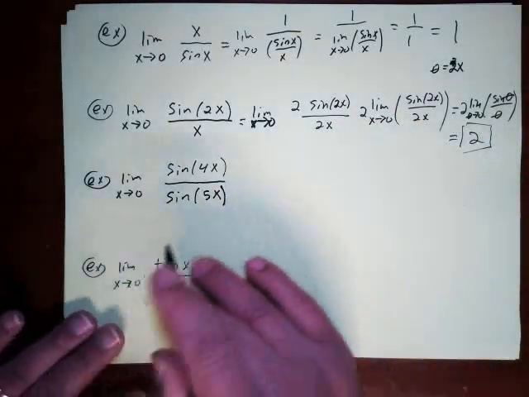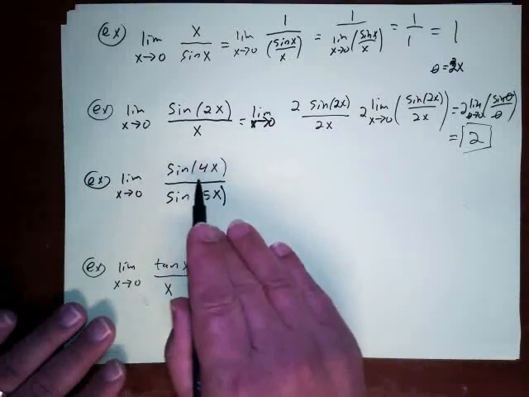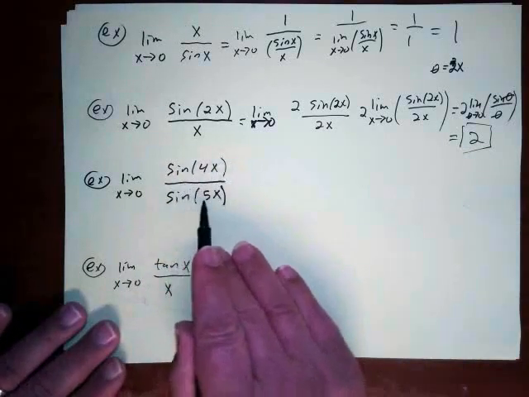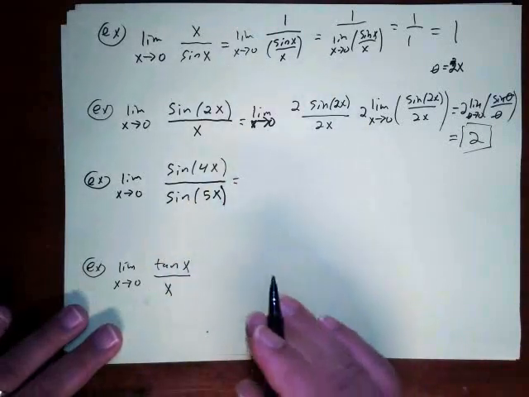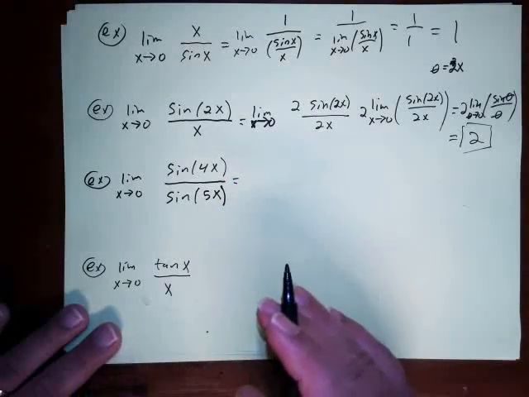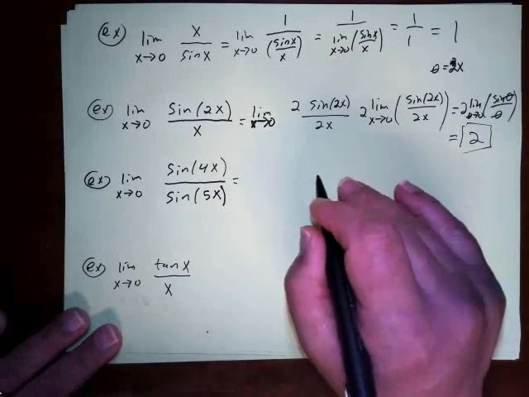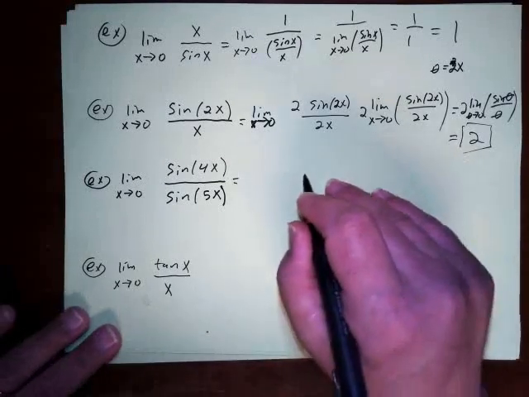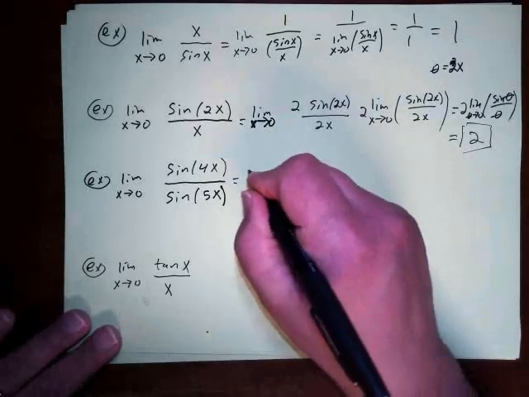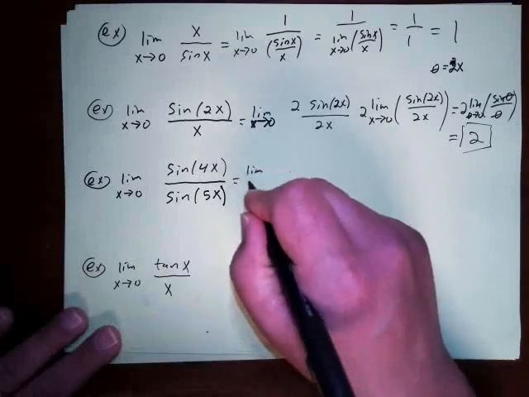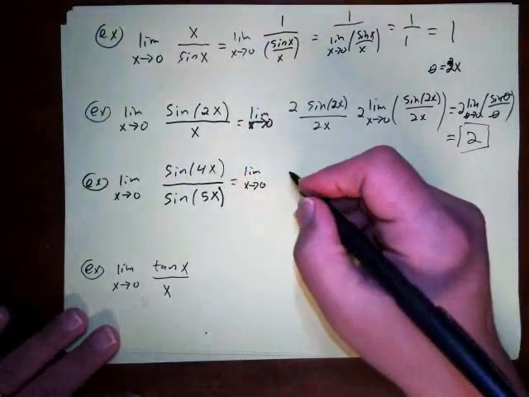So now let's try this. This is a more complicated one. Here we got sine of 4x over sine of 5x. We want to know what this limit is. So what I'm going to do is multiply the top and bottom by x.